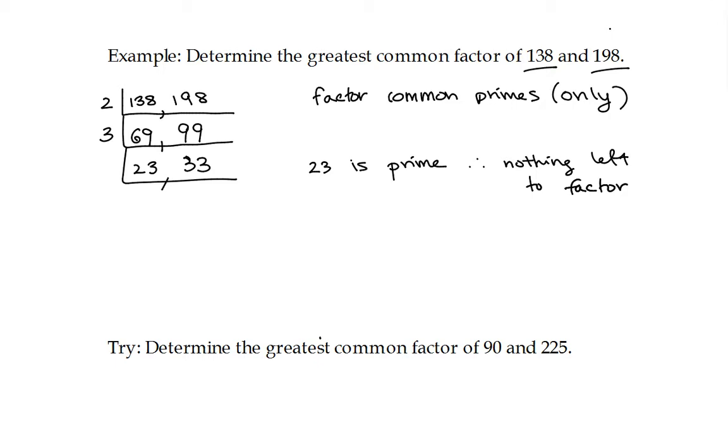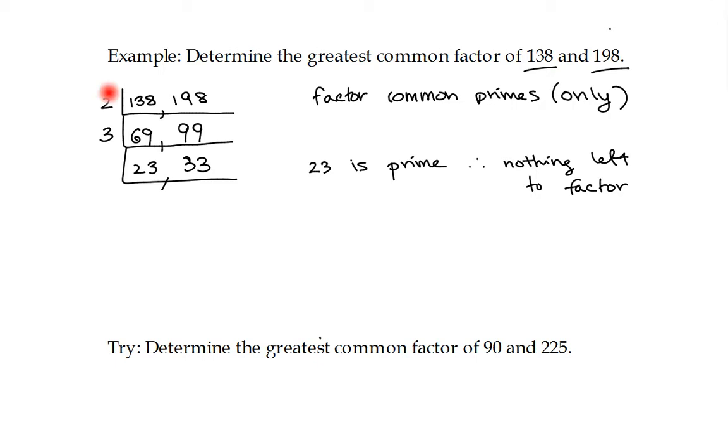Okay, so let me just ask you guys, it's just a couple straight up questions. Is 2 a common factor? Is 3 a common factor? Yeah, but what's the greatest common factor? 6. If 2 divides it, and if 3 divides it, then 6 also divides it, because that's the product of all these. Okay?